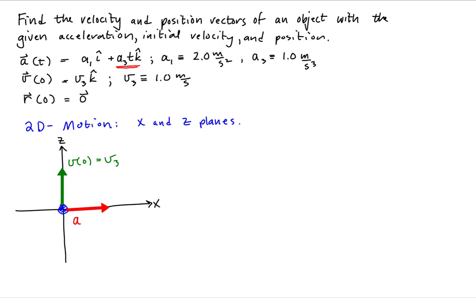I will label this vector the acceleration at time t equals 0, and it only has the x component given as a1. As given in the problem, our initial position of the object is at the origin. Using this information, we have to determine the velocity and position vectors of this object as a function of time.